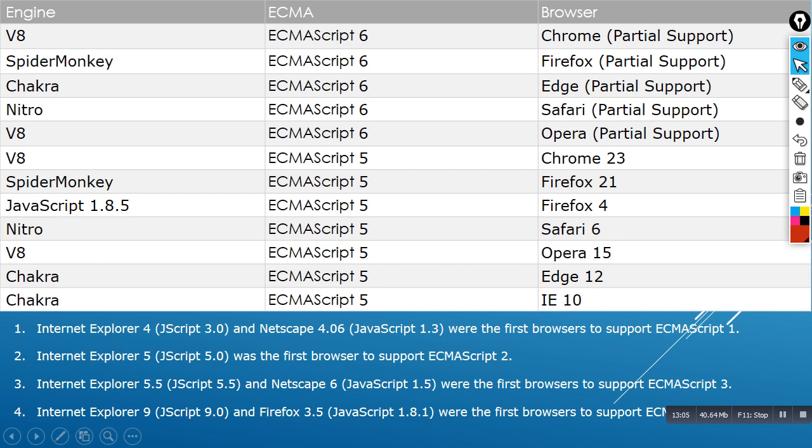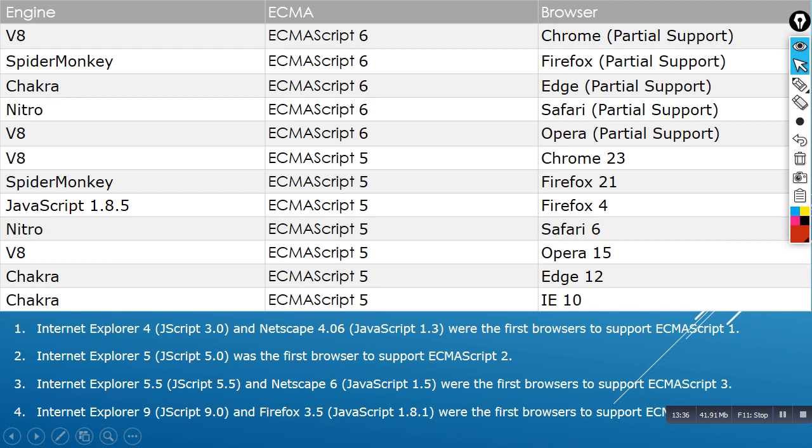And ECMAScript 5: Chrome 23 is supporting, Firefox 21 is supporting, Firefox 4 is supporting, Safari 6 is supporting, Opera 15 is supporting, and Edge 12, which is actually the next modern version of Internet Explorer, is also supporting, and Internet Explorer 10 is also supporting ECMAScript 5.